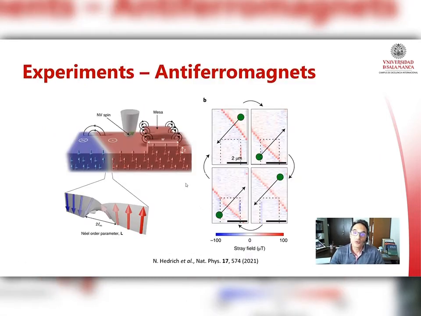Now, if we go to antiferromagnets, the evidence for the motion of a domain wall in a thermal gradient is very recent. As far as we know, this is the only evidence, and the paper came out this year. In this case, it's chromium oxide, an insulating antiferromagnet, and the local heating is also with a laser.